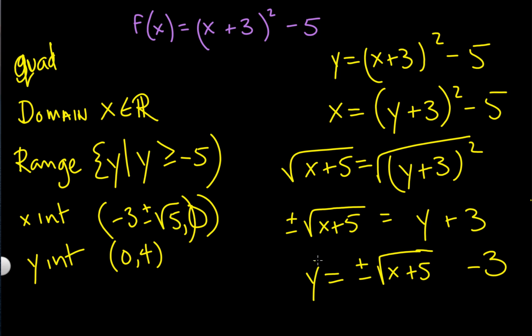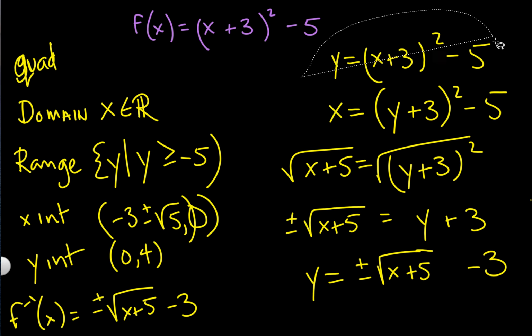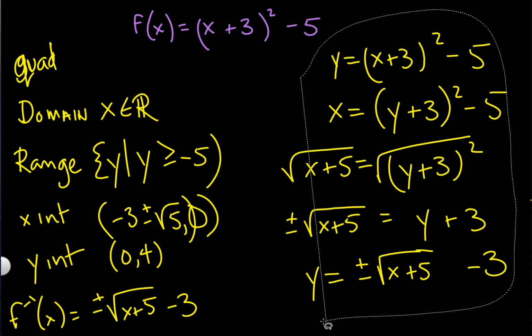So if we were to analyze my inverse here, my inverse is going to be equal to plus or minus the square root of x plus 5 minus 3. I can find all of those attributes with the inverse.